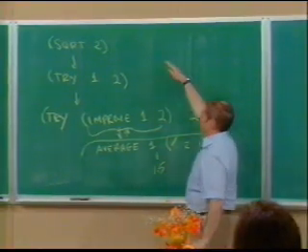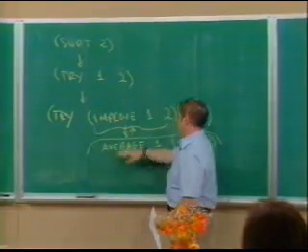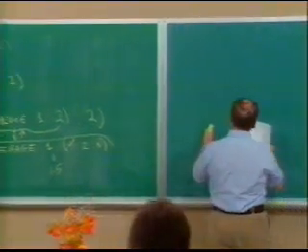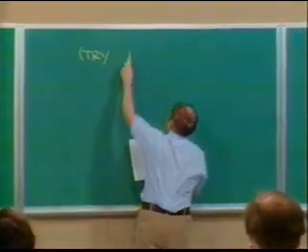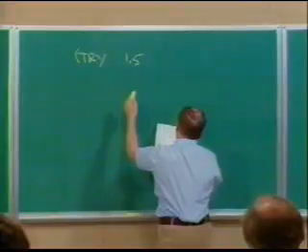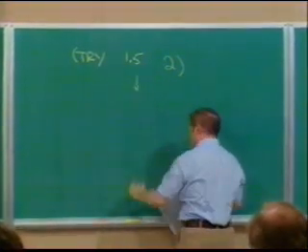So this square root of 2 reduces to trying 1 for the square root of 2, which reduces to trying 1.5 as a guess for the square root of 2. So that makes sense.